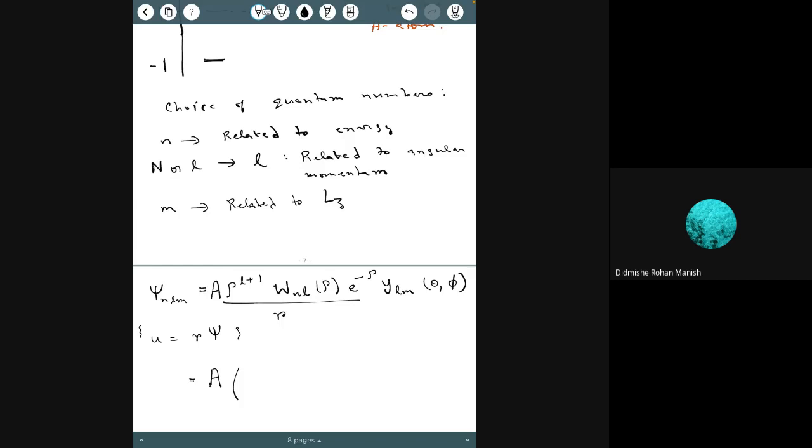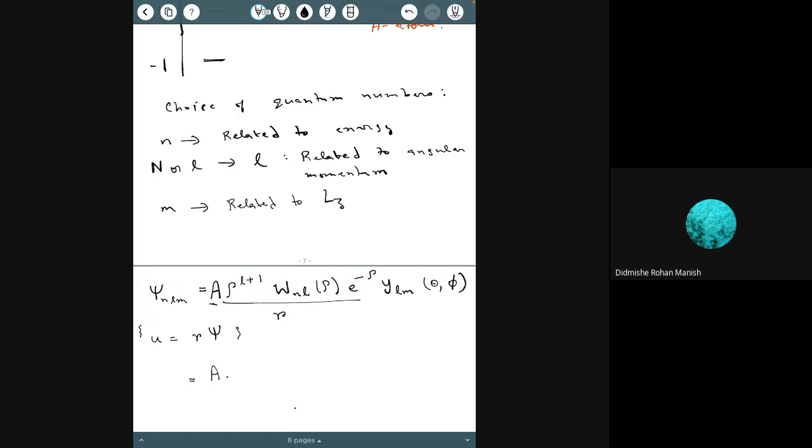so r is sort of like some constant into rho, right? And I have introduced a normalization constant, so I can shift those constants into a and say that r is just like rho.